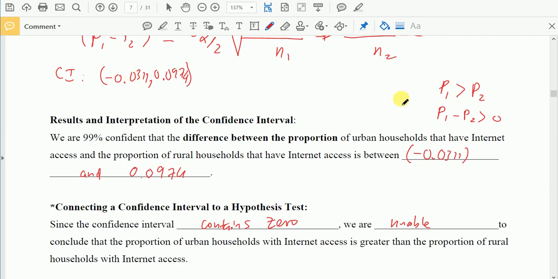So that means this condition is not satisfied, or we are unable to conclude that it is greater than. That's why you rewrite this as this one, so you can make the conclusion from the confidence interval. The difference should be bigger than 0, but we also include some negative numbers, so that's not good. We are unable to conclude the claim.